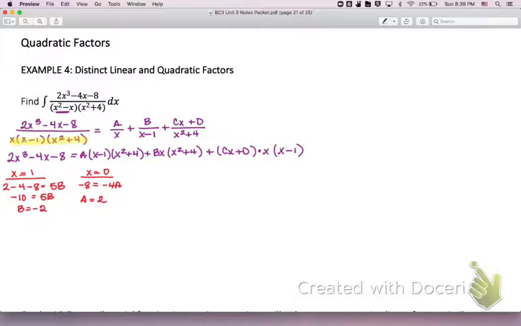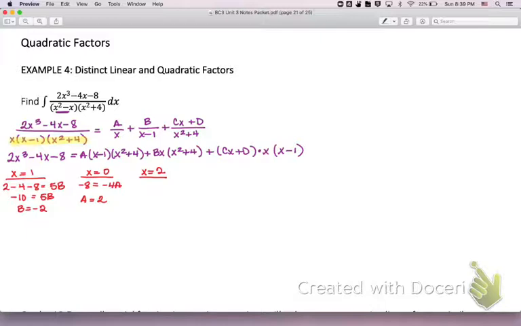Okay, so now we can go ahead and pick some values for x, but they're not going to be quite as helpful to us. So let's let x equal 2. I'm going to pick 2 because 2 minus 1 is 1. That's going to be an easy number to multiply by.